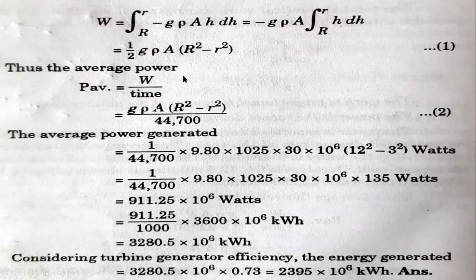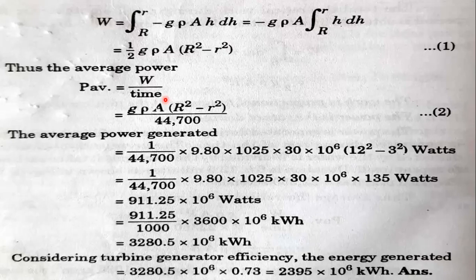And average power, we know that P average is equal to work done by time. So the work done formula we get is 1 by 2 G rho A (R square minus r square), and 2 into time.